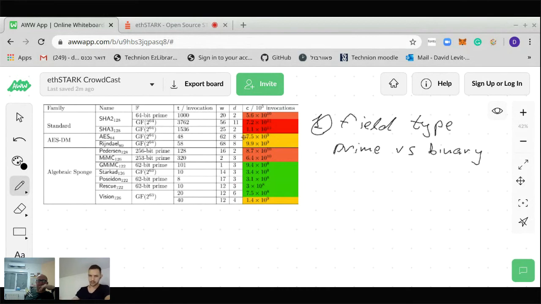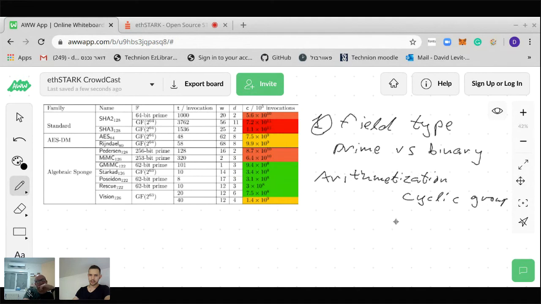So the arithmetization needs a cyclic group. So in a prime field, we have this. In both fields, we have this multiplicative group.